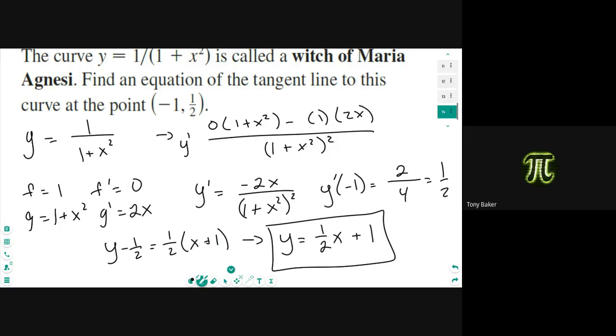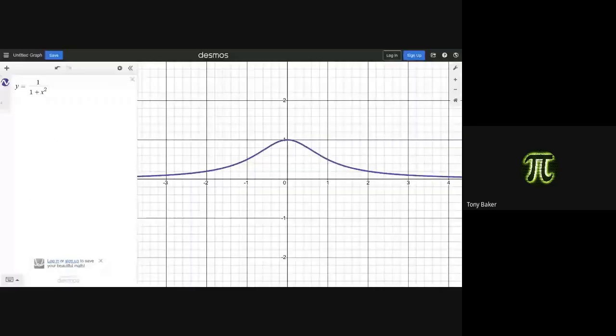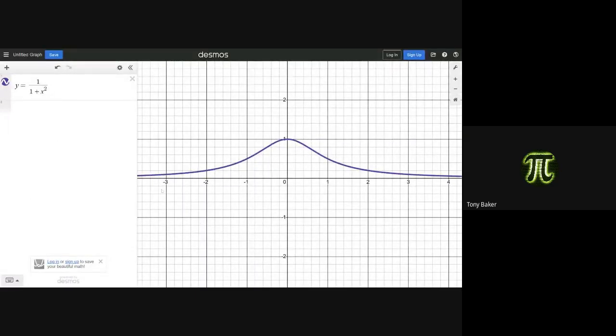One of the cool things about this graph is that, oh, that actually is what I was just going to show you. Actually, that was literally what I was about to show you. One of the cool things about this graph is the slopes on the negative side are positive, and on the positive side are negative.